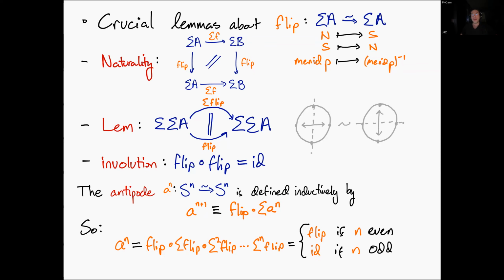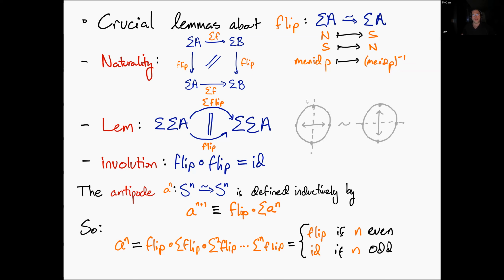And so this works for any type A, in particular when A is the empty type. And by some sort of polymorphism argument, it has to be determined by what it's going to do there. So when we put in the empty type there, we get a circle. And the inner flip, or sigma flip, of the circle would be flipping over the y-axis.